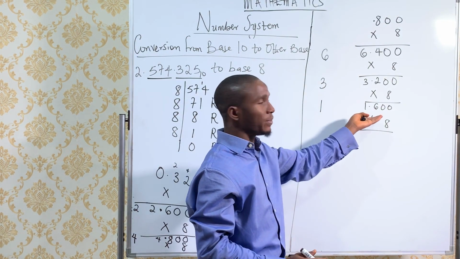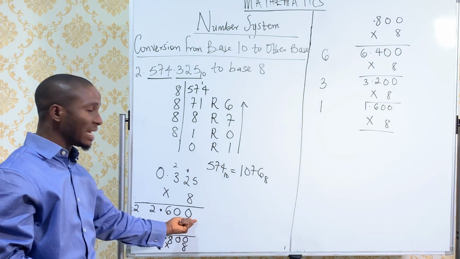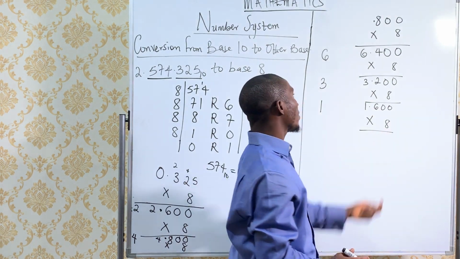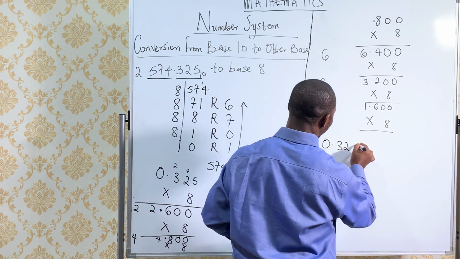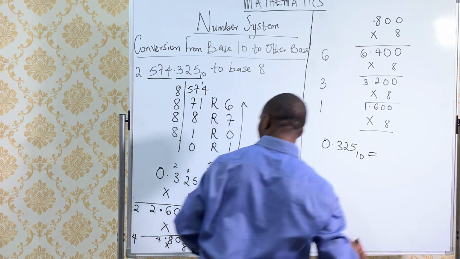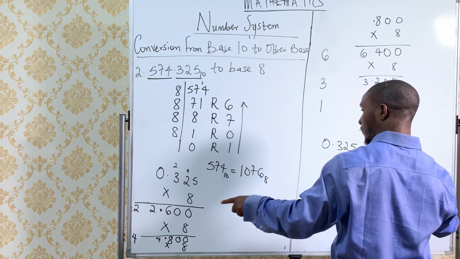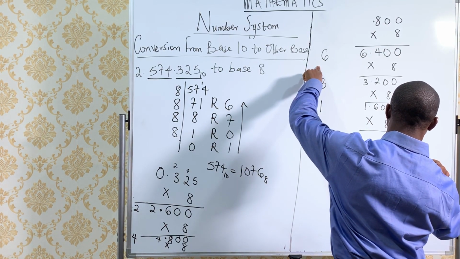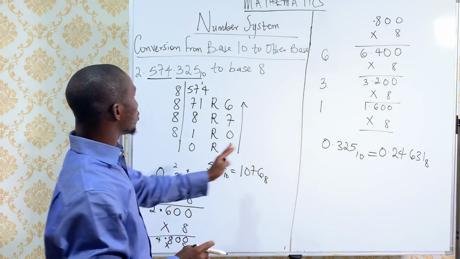It's best you stop here because the whole process will just repeat itself. So when you read down the numbers, it means that 0.325 in base 10 is now 0.24631 in base 8. Now, finally, you join the two answers together.